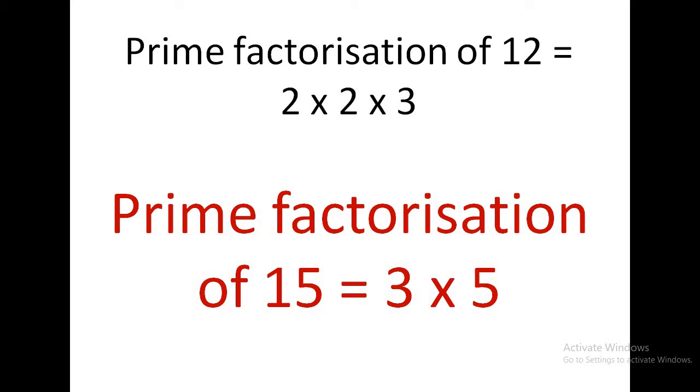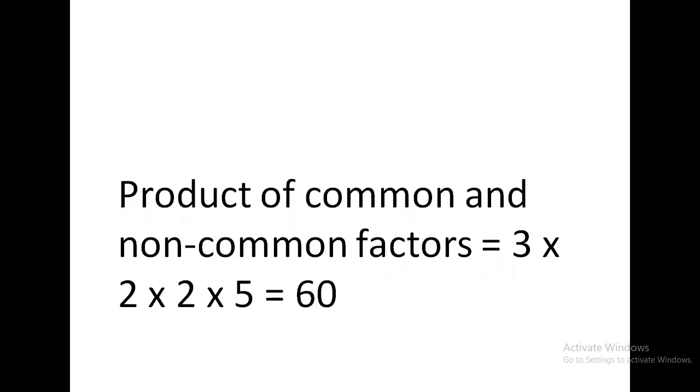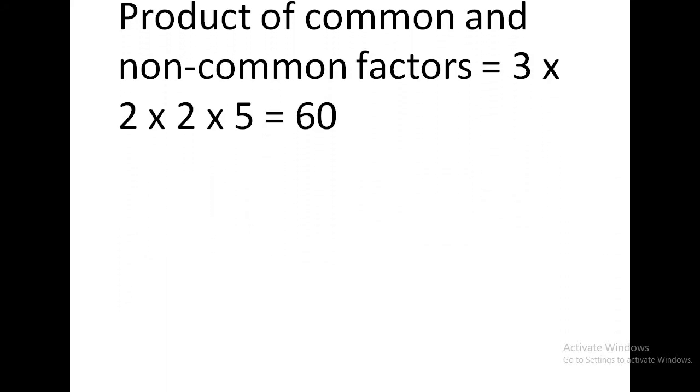Then what will we do? Just collect all the common and non-common factors. Here the common factor is 3, and the non-common factors are 2, 2 and 5. So find the product of common and non-common factors.